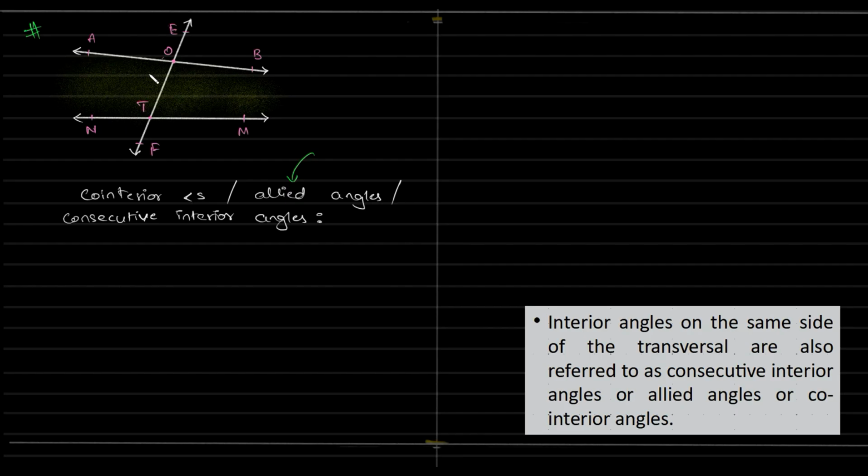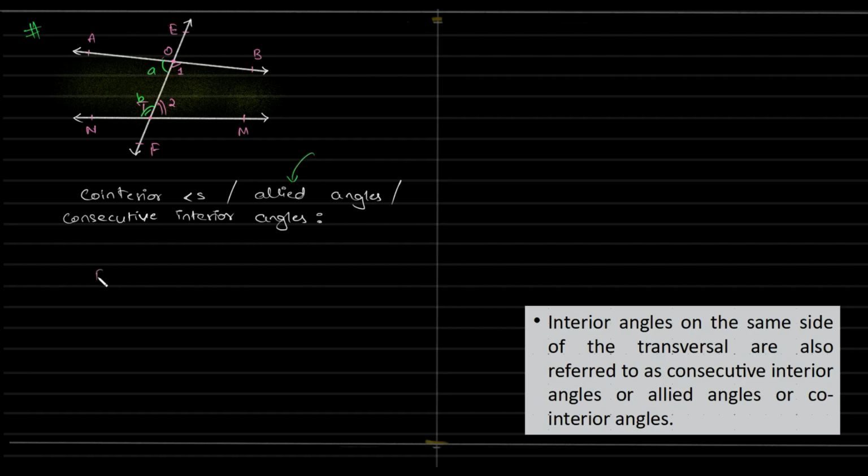Next, it has to do with the same side. That's why it is co-interior angle. It has to do with the same side of the transversal line. Example, A and B are co-interior angles. Angle 1 and 2 are another pair of co-interior angles.